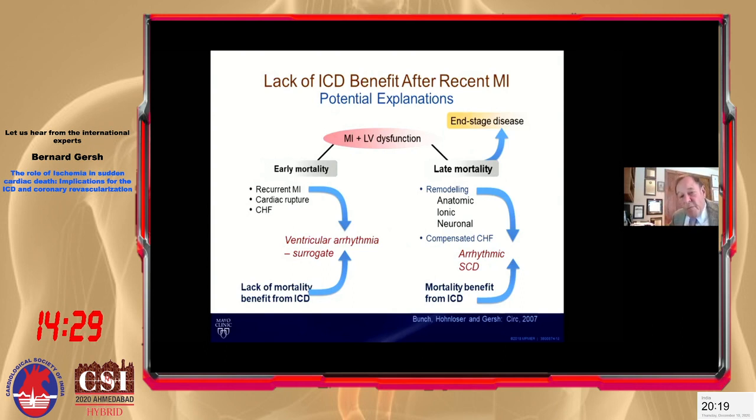These are people now who are 15 years out, 20 years out from an MI and ICD implantation, and what we're seeing is end-stage disease with recurrent shocks that probably do not change the prognosis. But in the intermediate term, 5 to 15 years, the ICD has had a huge benefit in these patients, but I now think I can understand why it doesn't have a benefit in those within the first 3 months.